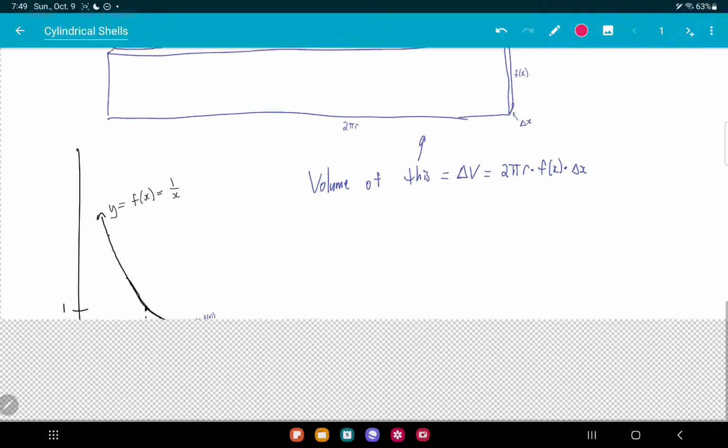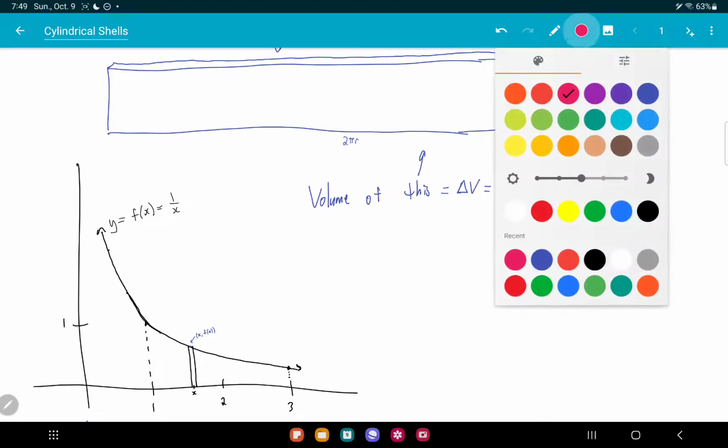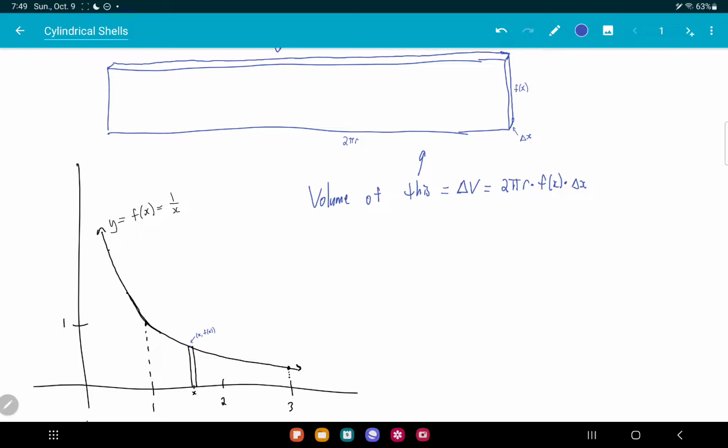Okay, where were we? Trying to find the volume of this rectangular thing. And we did 2 pi r f of x delta x. Okay, so just base times height times depth. So what we'll do is the same thing we did in the previous technique, is we imagine this region here being filled with rectangles.